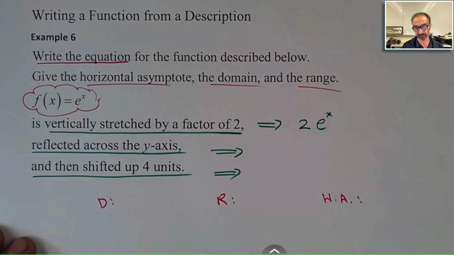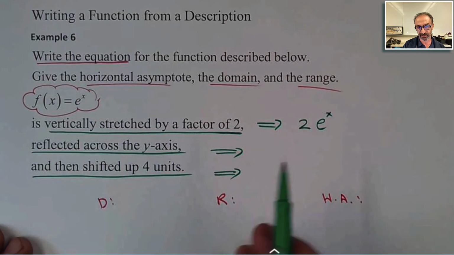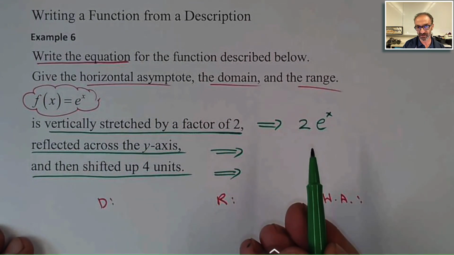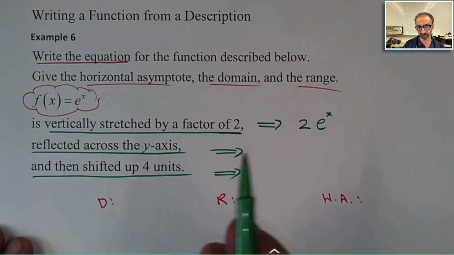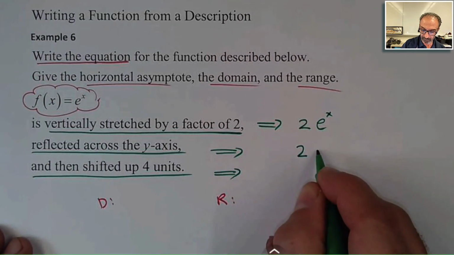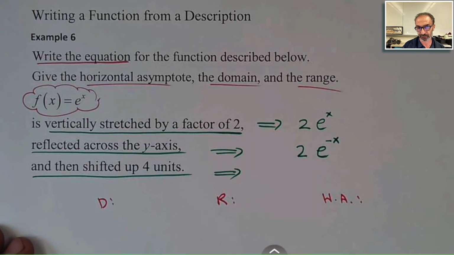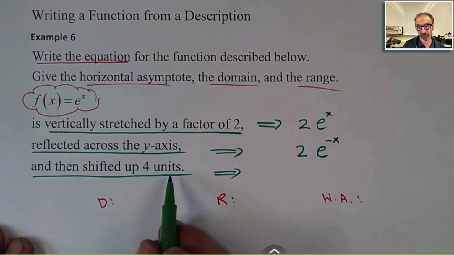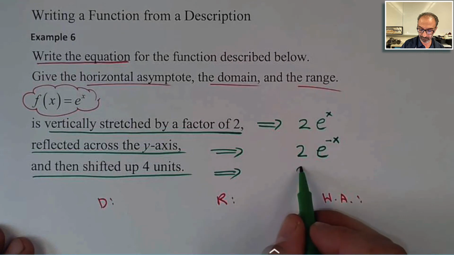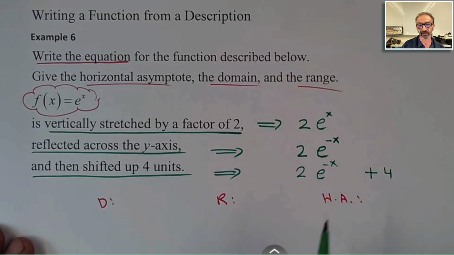That's stretching it. Reflected across the y-axis, so it's going to go about the y-axis. So x changes from, let's say, 5 to negative 5. So the minus goes with the x. And then shifted up 4 units. Outside, we're going to add 4.